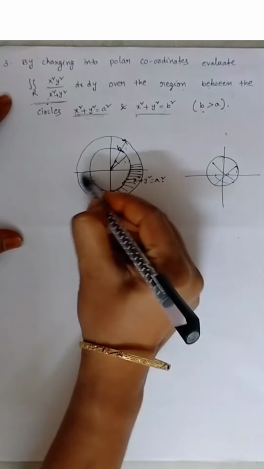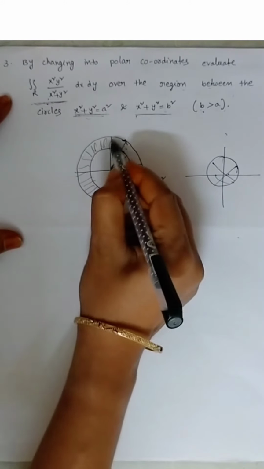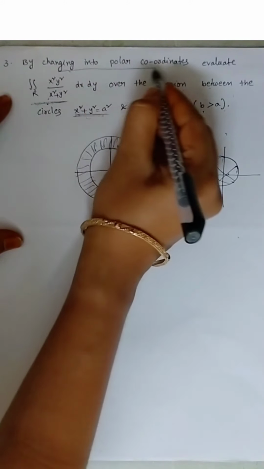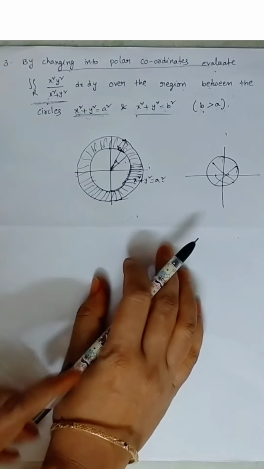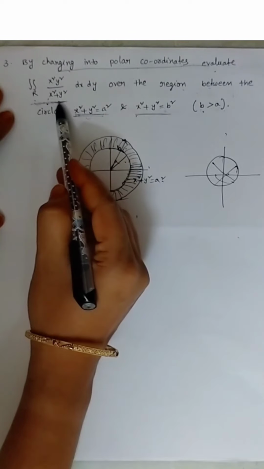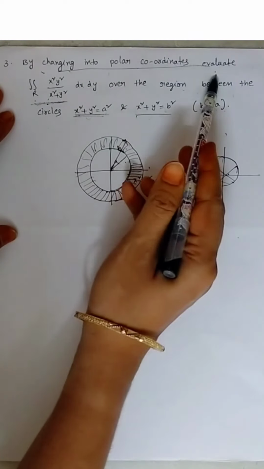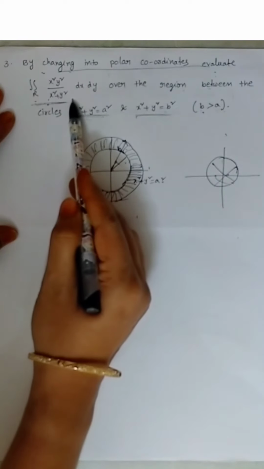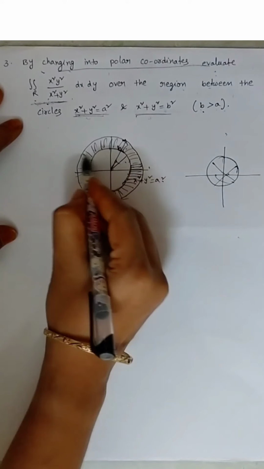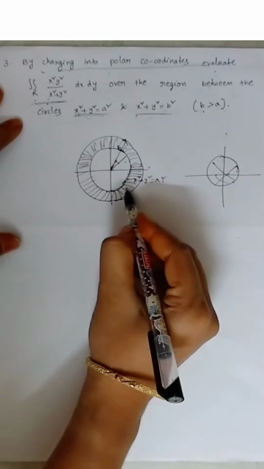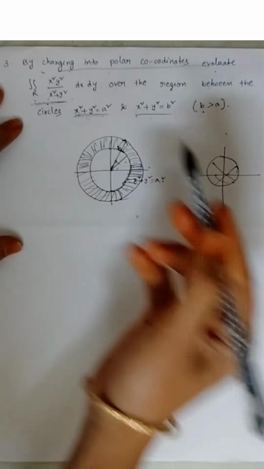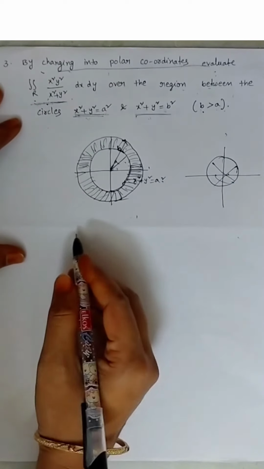By changing into polar coordinates, we have to find the integration with respect to this region. You have to read the question carefully. They are not asking for the direct integration. First we find the region between the circles, and then we find the integration by changing into polar coordinates.